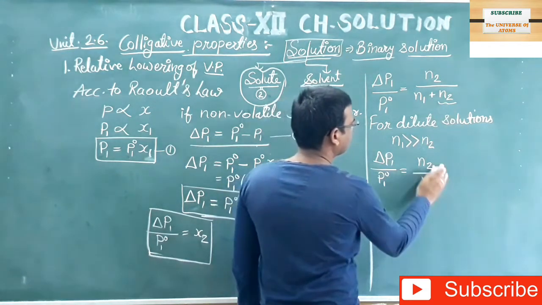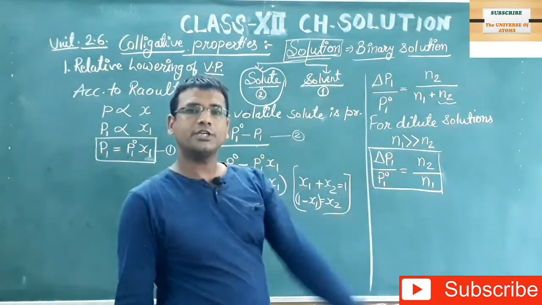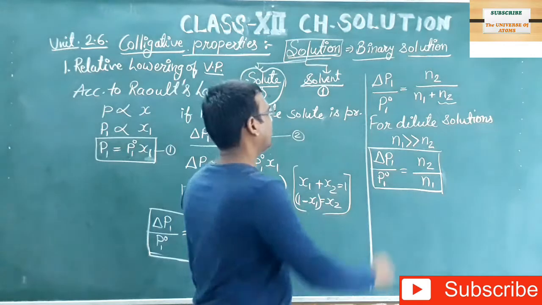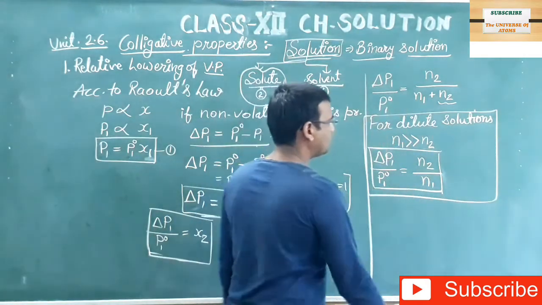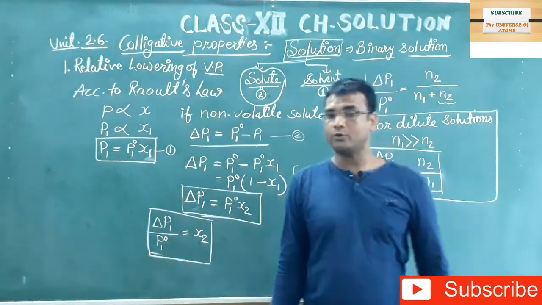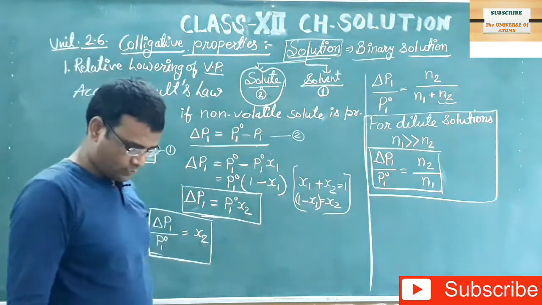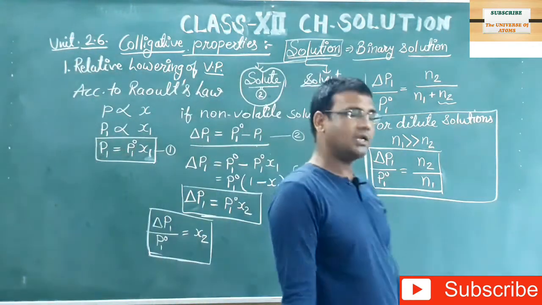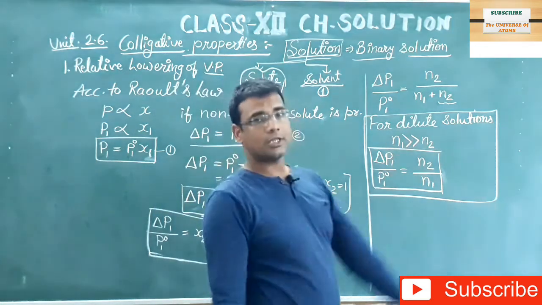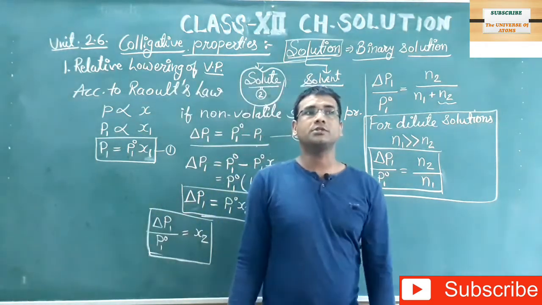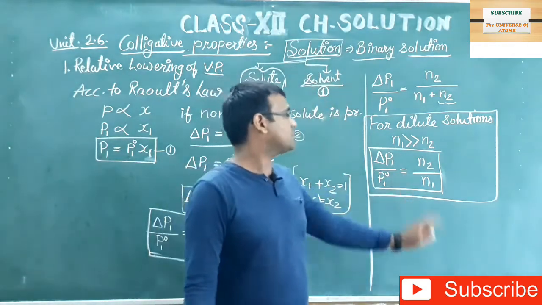This is another form of the equation, but for this expression one condition is there: you have to use it only for dilute solutions. If the question does not give the word dilute, or you have to think logically according to the question and there is information suggesting it is a dilute solution, then you can use this expression.